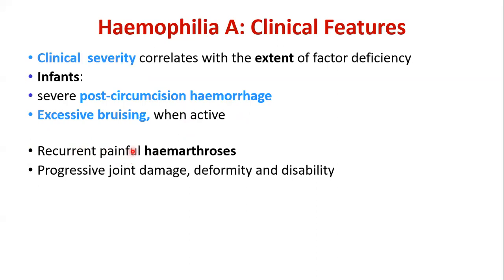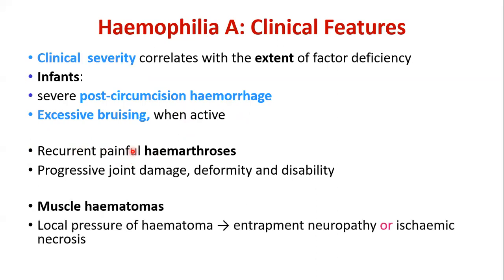Progressive joint damage, deformity and disability are long-term complications of hemarthrosis, hence they need to be prevented in these children. Muscle hematoma is another important one. Spontaneous bleeding in muscles leads to formation of a hematoma, a mass that can compress nerves or cause necrosis. That can be a secondary complication.